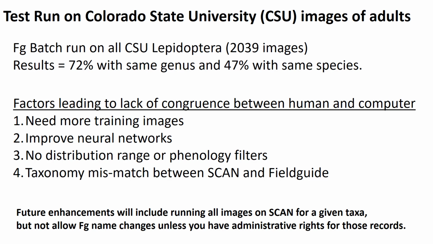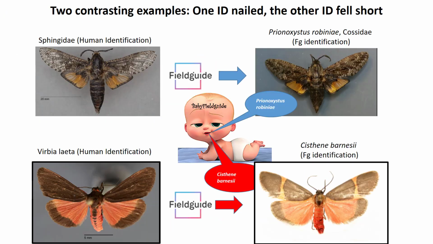So right now, unless you're a super admin like me, you can only run images, and even I have to do it on a collection by collection basis. But it would be nice to just pick a genus and have Field Guide run for all of those images for specimens in that genus.